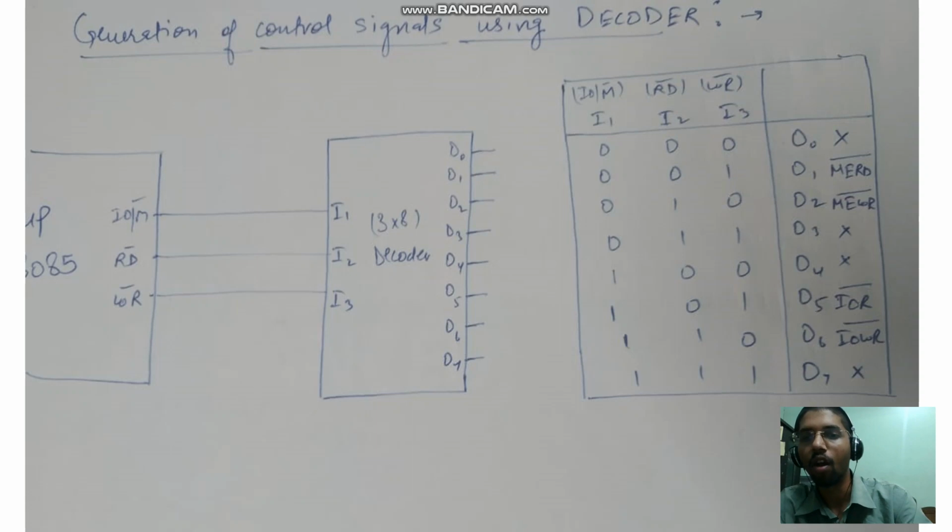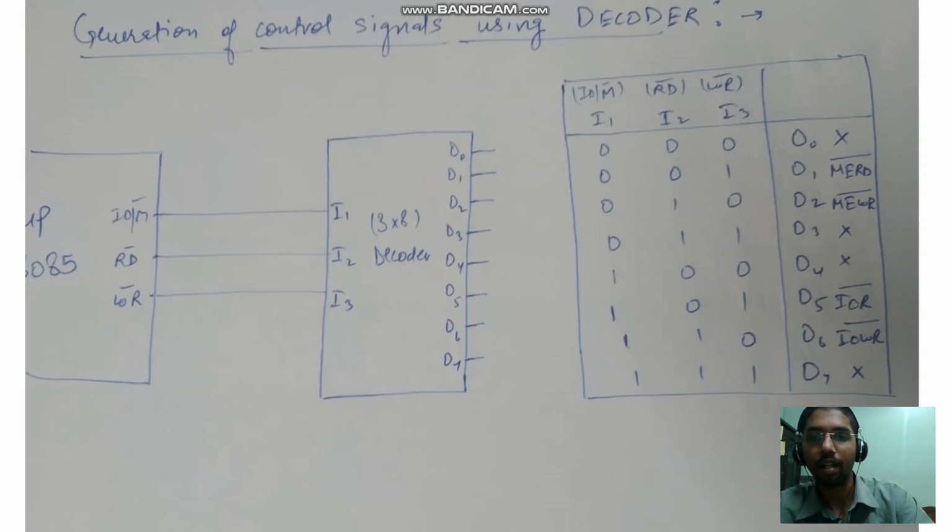Similarly, we can get all the control signals from this. Moving on to the last one, IO/M bar is 1. That means the input/output operation will be performed. Similarly, read bar will be 0 in this case, and write bar is 1.